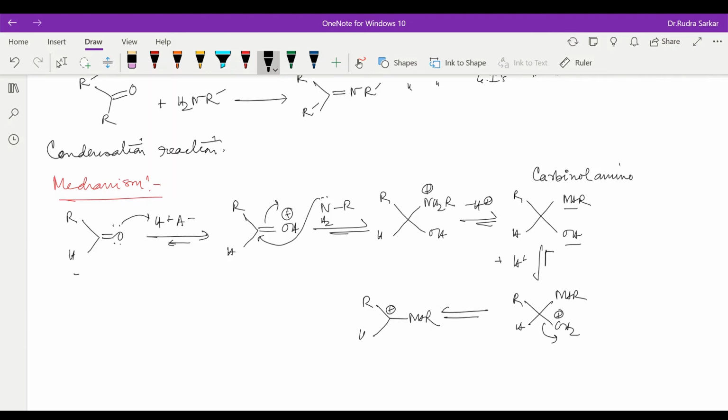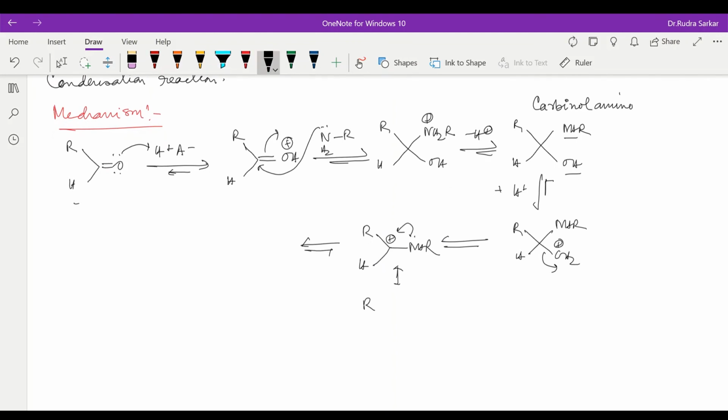NHR, very similar to the mechanism of acetal formation. This is resonance stabilized. From which we can think of loss of a proton. And that is your imine that is formed. Okay.